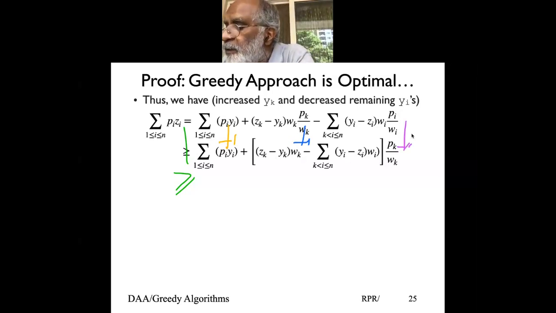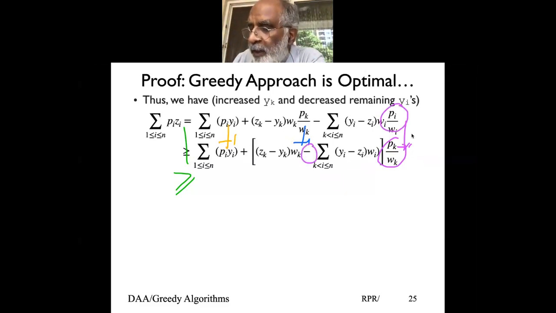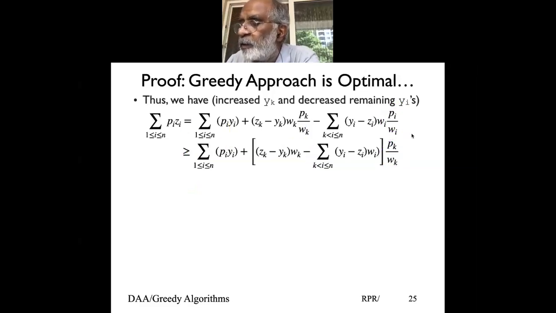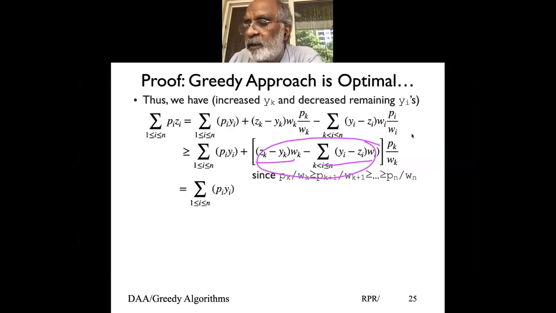And since this pk by wk is bigger than this, and this is negative, this becomes greater than or equal to, from equal to greater than or equal to, because I'm subtracting a larger quantity. So if you look at from there, I know that this was equal to this, so this becomes 0. So my answer becomes sigma pi zi is greater than or equal to sigma pi yi.